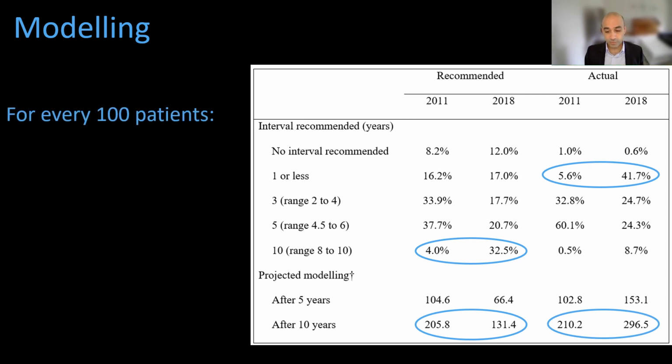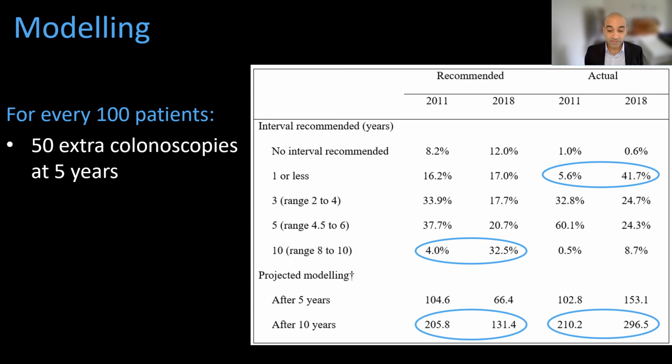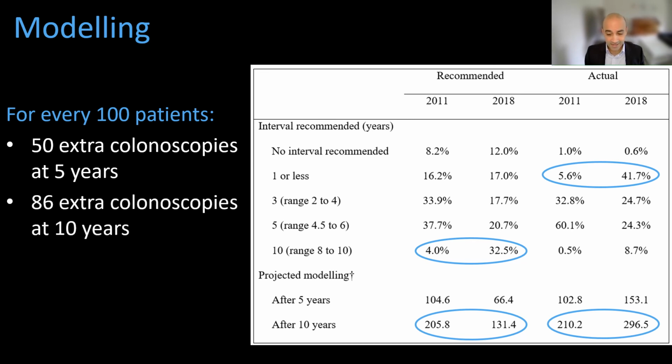And if you want actual real numbers, for every 100 patients that have a surveillance colonoscopy booked using the new guidelines, you end up with 50 extra colonoscopies at 5 years due to the additive compounding interest effect. And at 10 years, you end up with 86 extra colonoscopies, which is a fairly massive number. Technically speaking, these are colonoscopies that are non-compliant with the guidelines and therefore didn't actually need to get done, and are adding unnecessary burden onto the waiting list.